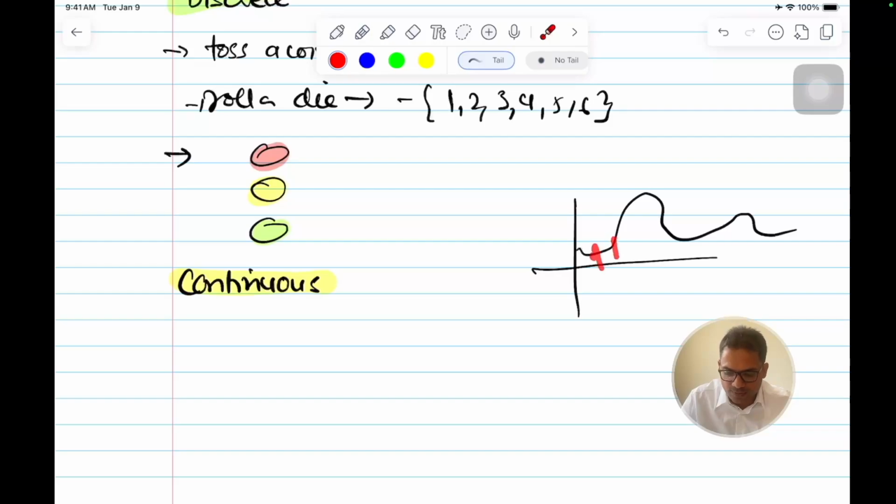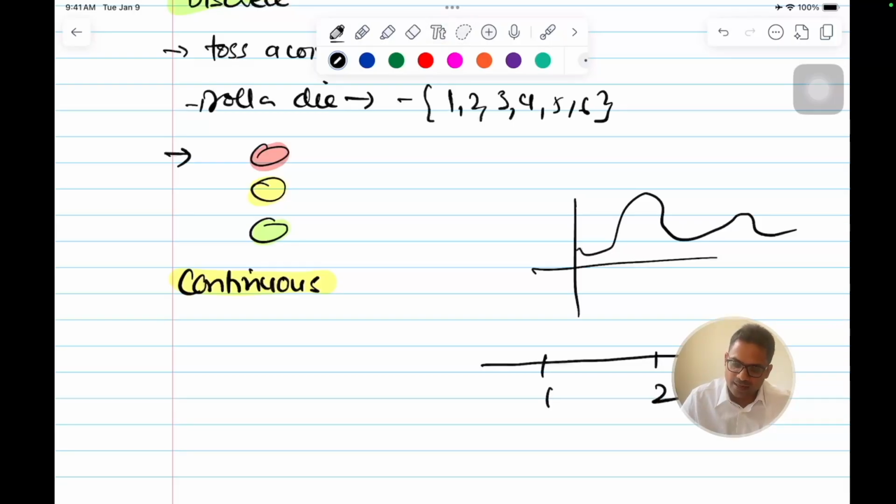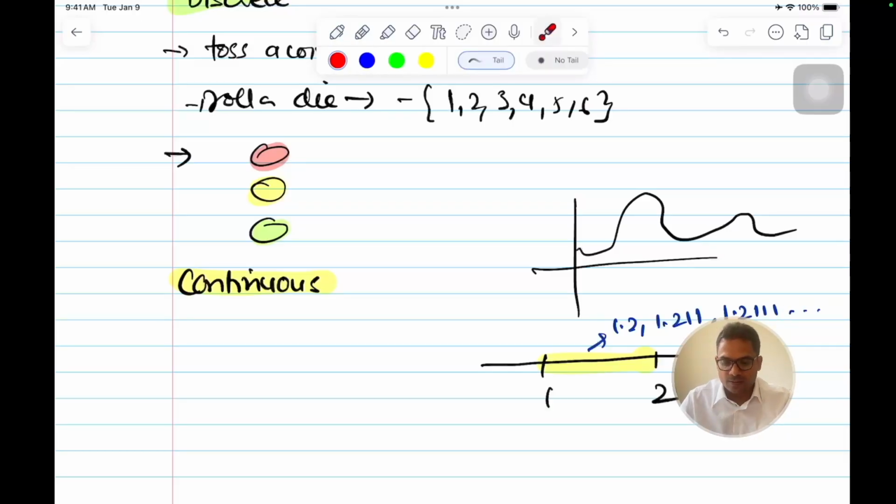Similarly, on a line segment, in the previous example, if you have to choose any number between 1 and 2, there can be infinitely many numbers in this range, like 1.2, 1.211, 1.2111, and so on.